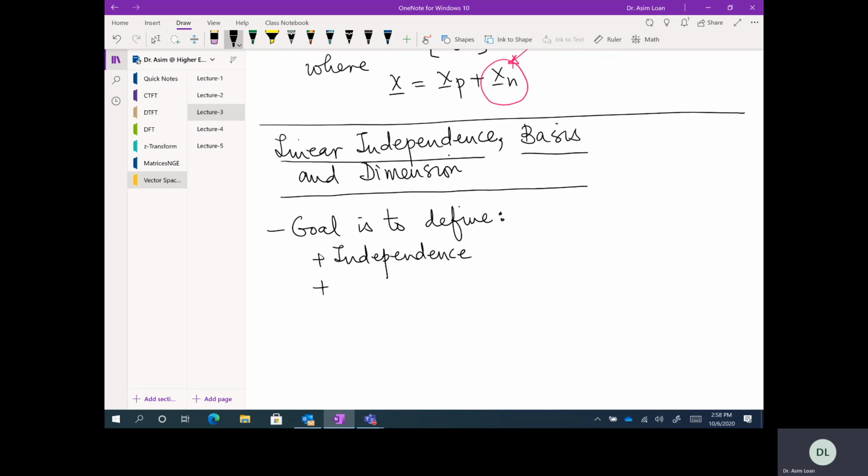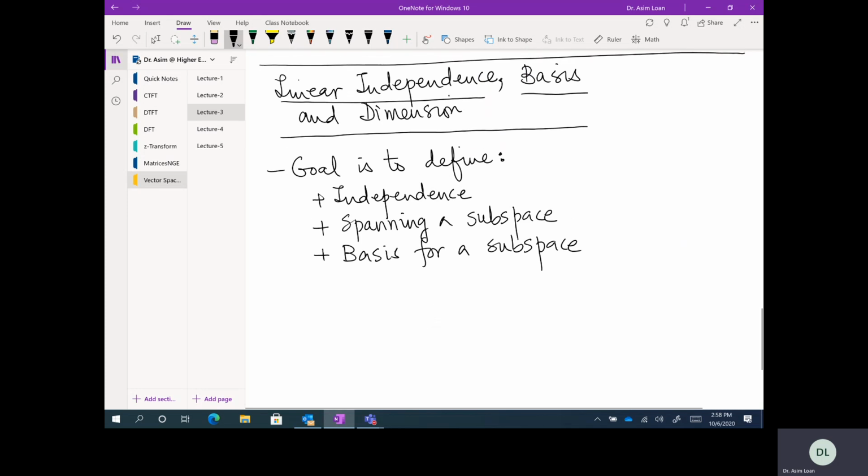Independence, spanning a subspace, and basis for a subspace, and finally dimension of a subspace.